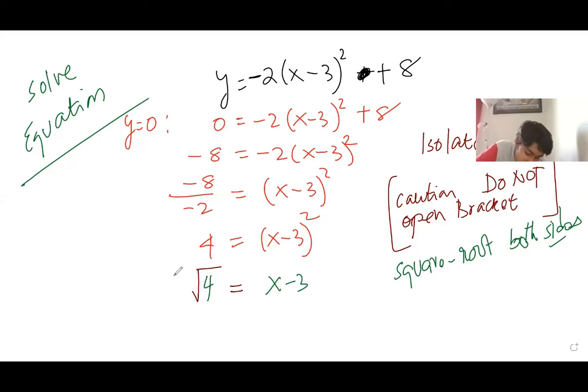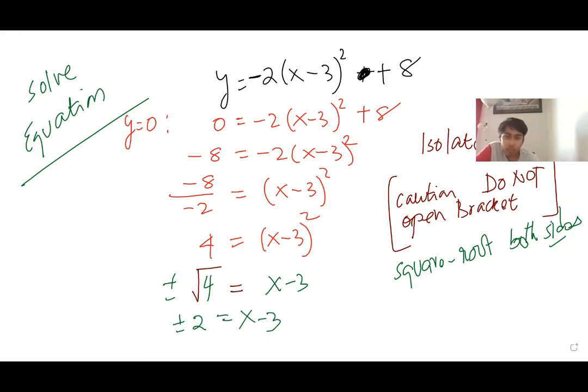So square root of 4 and square root of x minus 3 whole square: 2 equals x minus 3. No, wrong answer. What is the mistake? Tell me. Whenever you square root, do plus and minus, because minus 2 squared is also 4, correct?